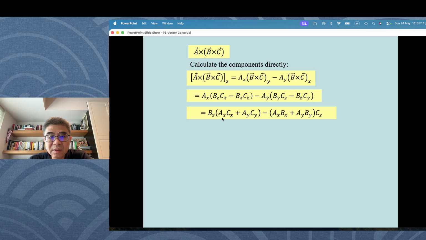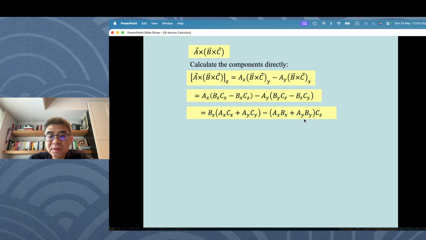How about the rest? The rest, it is this term and this term. They all consist of CZ. So I'll pull out the CZ, and what's left is AX BX plus AY BY.